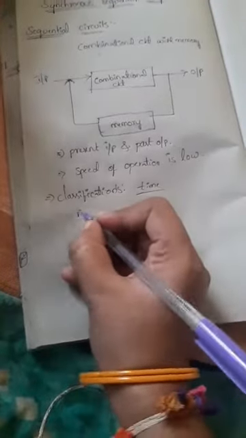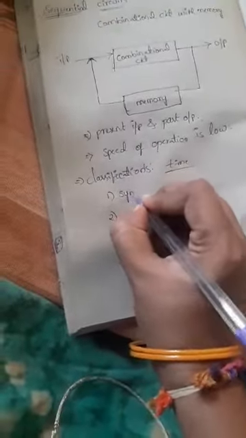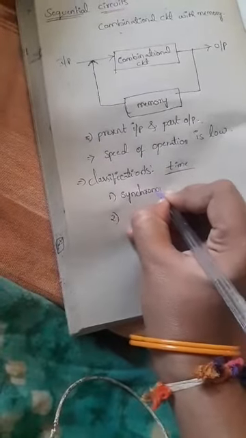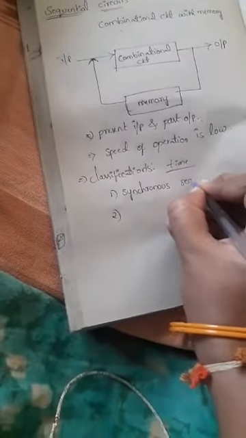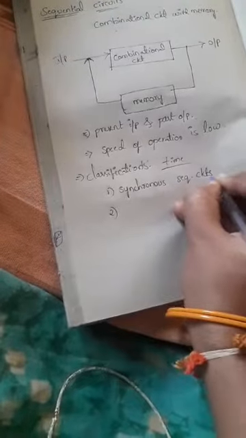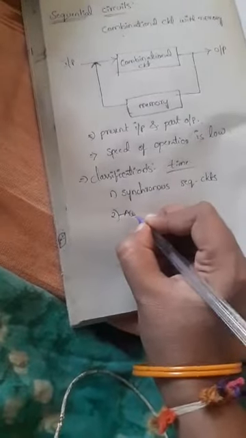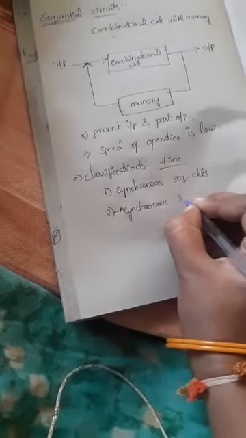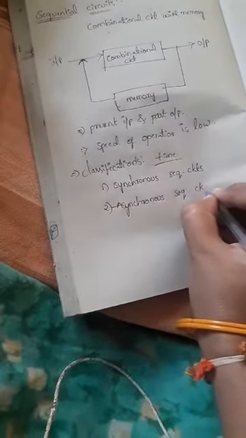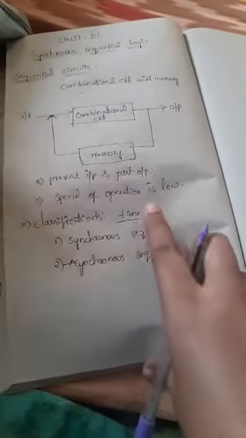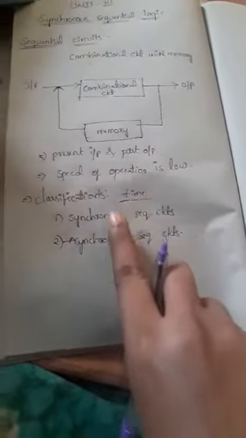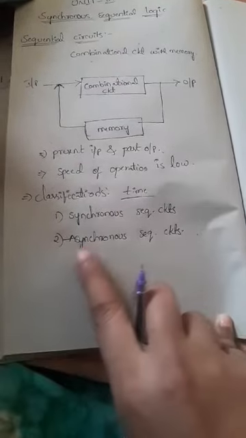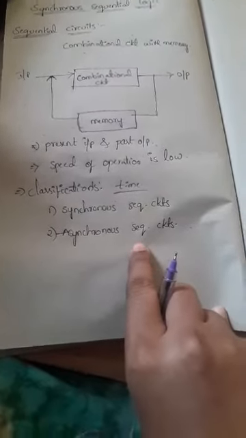One is synchronous sequential circuits, and another one is asynchronous sequential circuits. So it is divided into two types depending on the timing signal: synchronous sequential circuits and asynchronous sequential circuits.